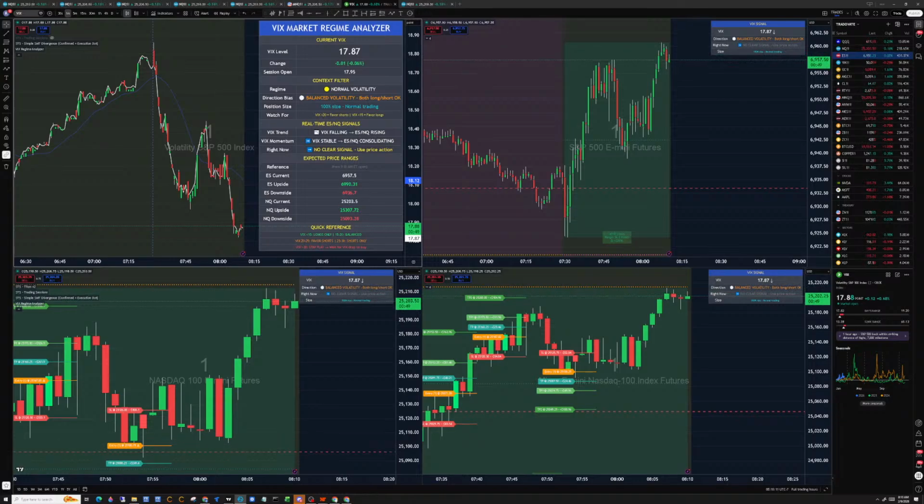Take a look at the order flow real quick too. We are net negative for the session on NASDAQ, on the mini and the micro version. Although we're up, I think we're up.